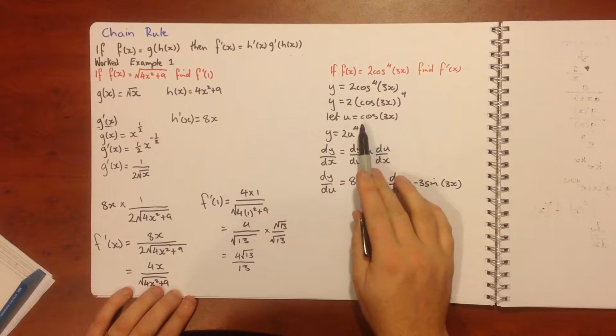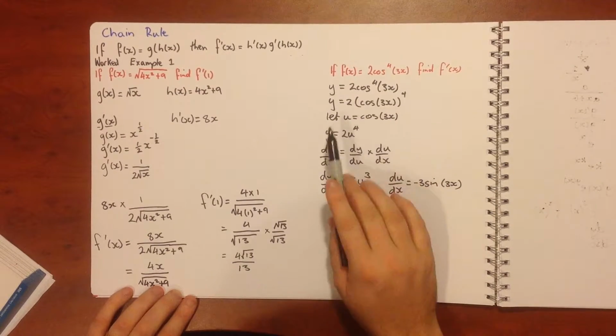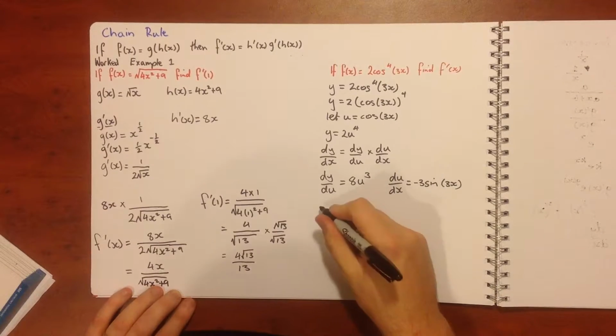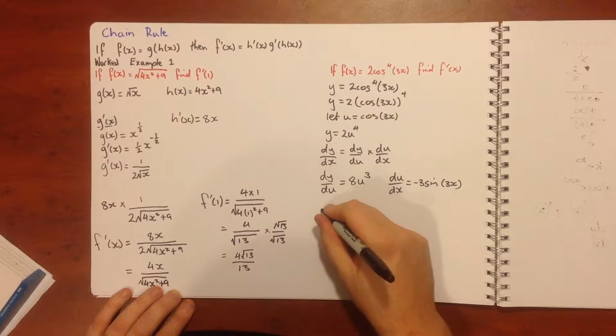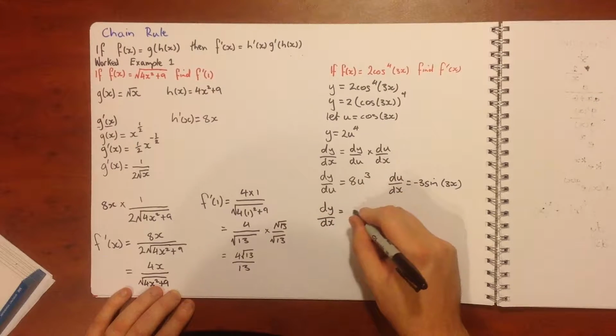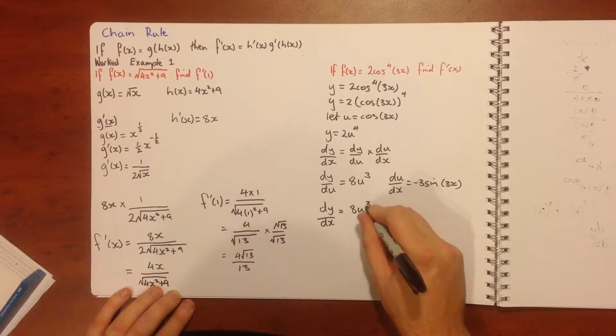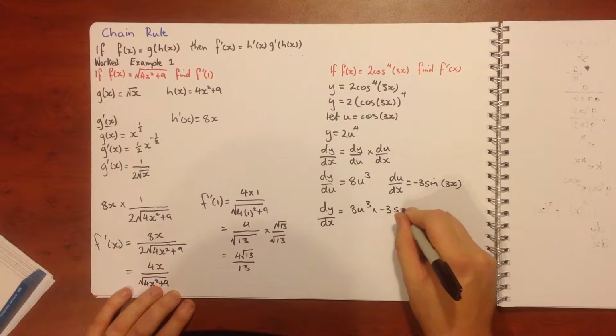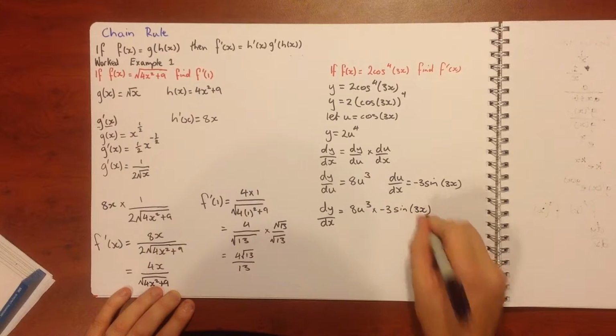Now if you're being pedantic, you'd actually need to do the chain rule on this as well, but that's a little bit silly and long-winded, so we don't worry. So simply we can construct our equation now. dy dx equals our dy du, which is 8u cubed, times minus 3 sine of 3x.